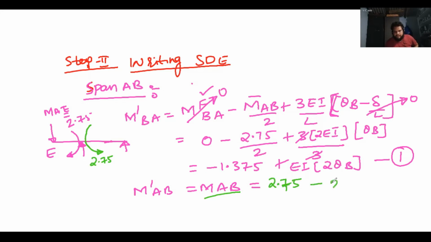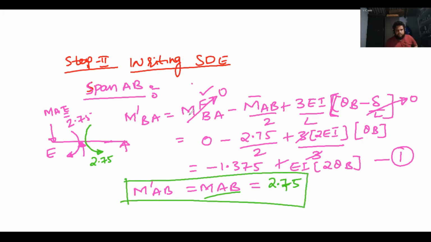Take this as equation number 2, otherwise you can leave it. So this is your direct value. You can put this in the box. You got the MAB value and also you know the MAE value, but you don't know MBC, MCB, MCD, MDC. For that we have to generate more slope deflection equations. So this is the story about the MAB value.